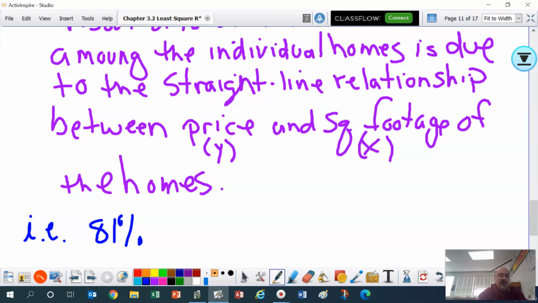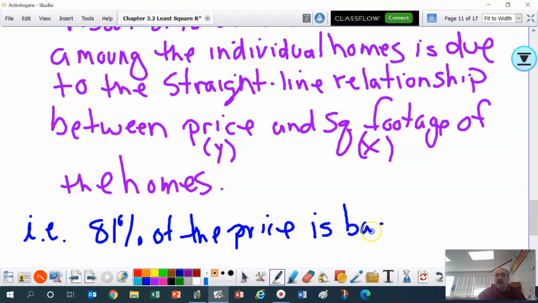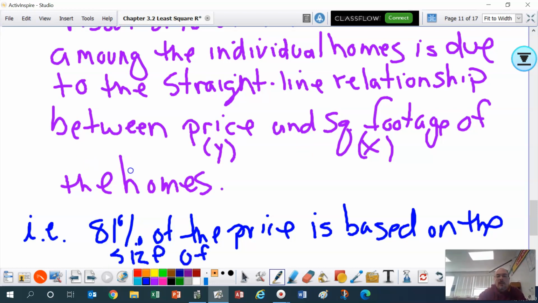So in other words, folks, 81% of the price is based on the size of the home.